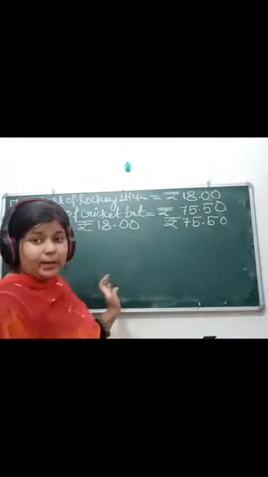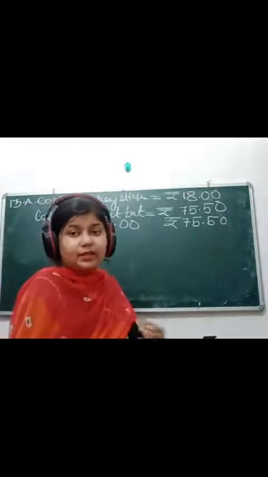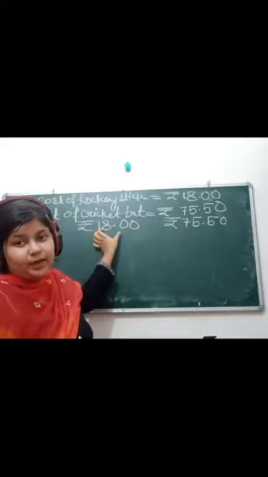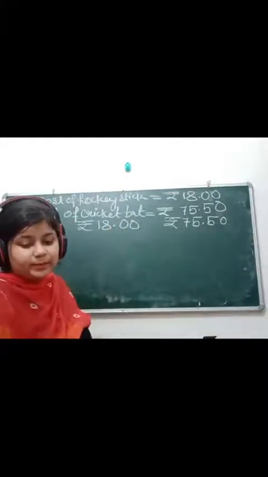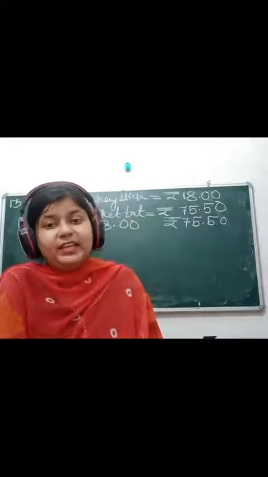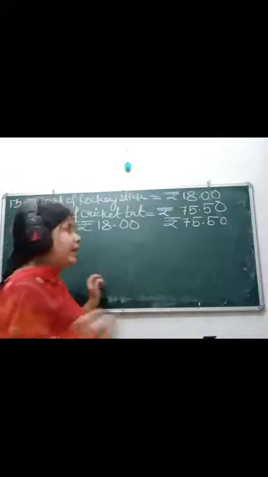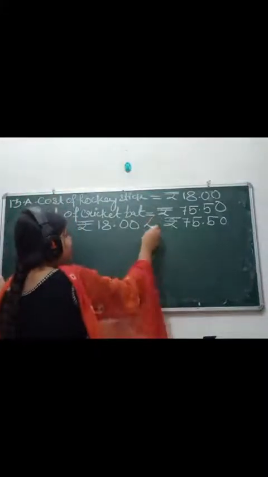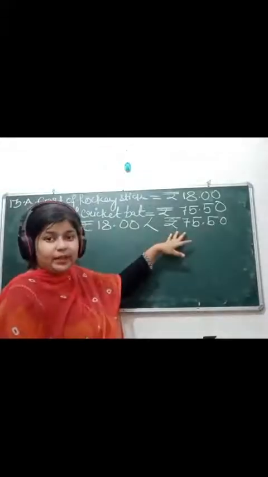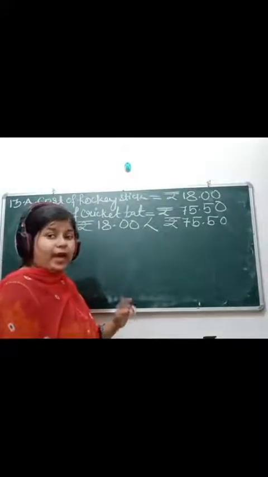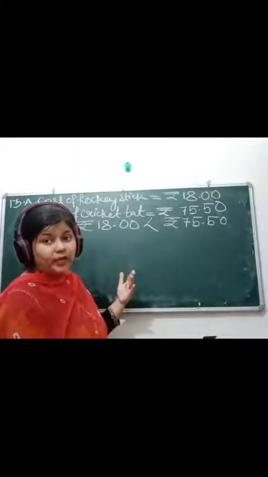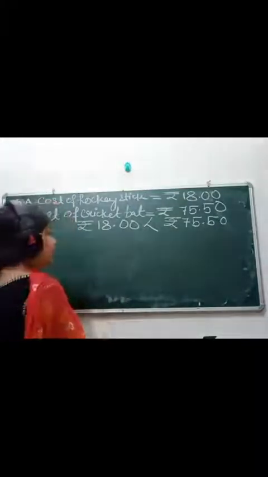I am not considering the paisa part, just seeing the rupees part. Tell me. So clearly 75 rupees is greater. That means the cricket bat is costlier. Now we have to find out by how much. To find that out, we will subtract.